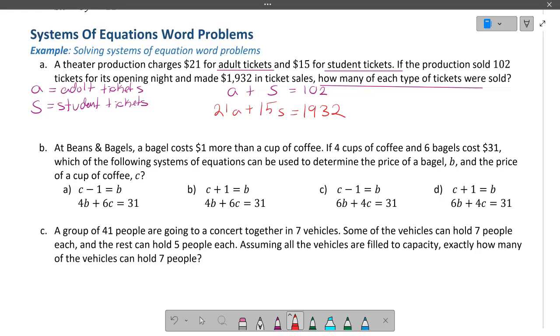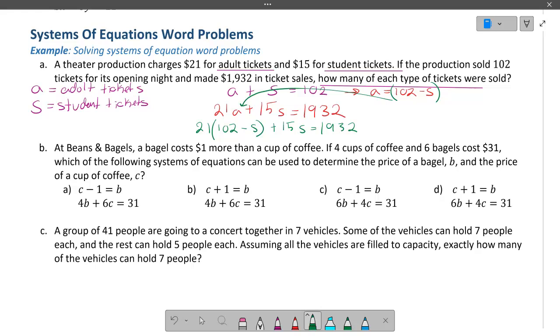Solve for one of them, either A or S. What should we do to solve? For example, get the S on the other side. So we have A equals 102 minus S. That allows us to substitute in for A over here. 21 times (102 minus S) plus 15S equals 1932.